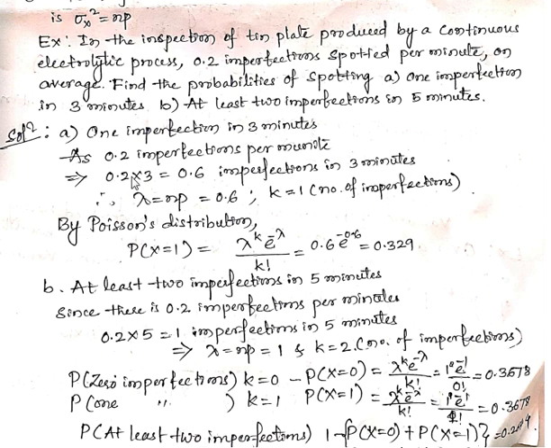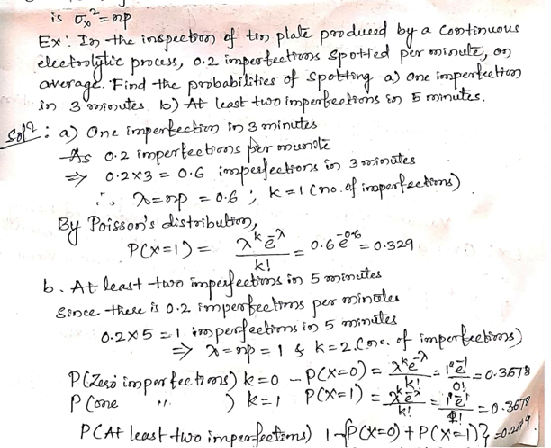So 0.2 into 3 is equal to 0.6. So 0.6 will be the value of our lambda. Lambda is n into p. Our n is 3 and p is 0.2. So we get 0.6.